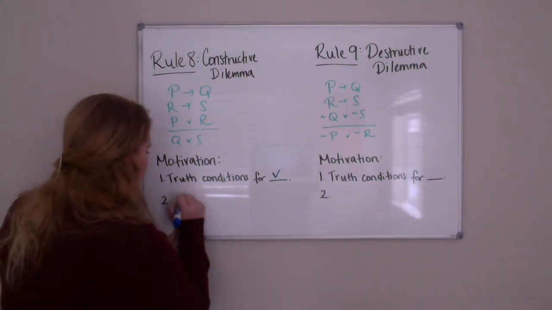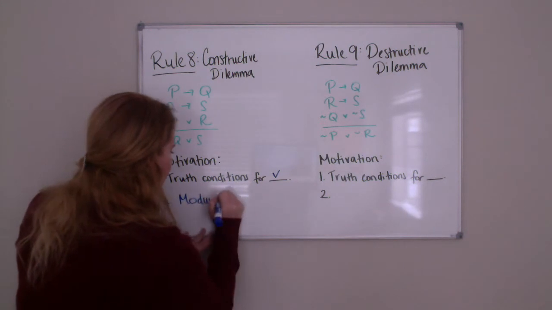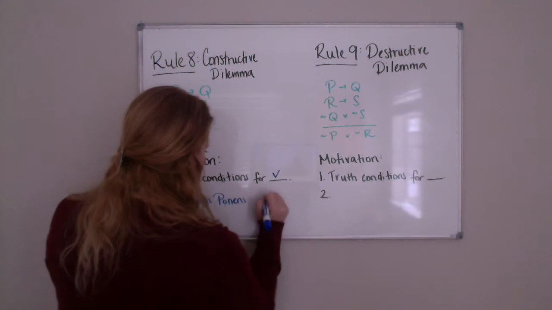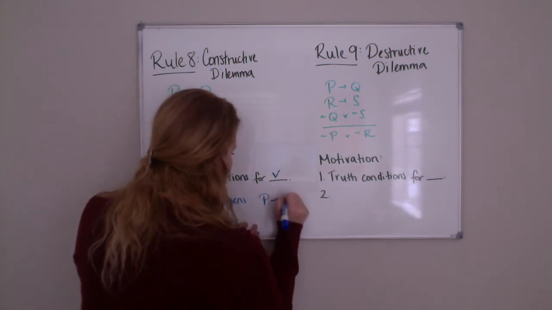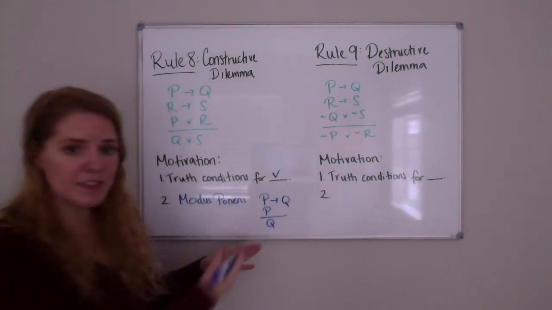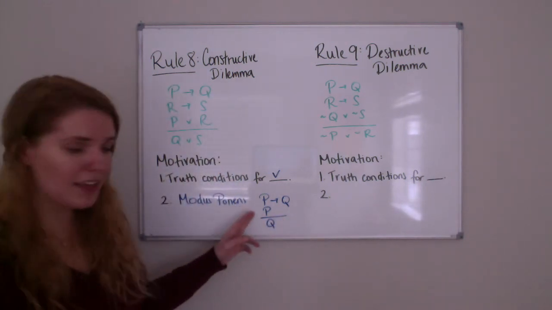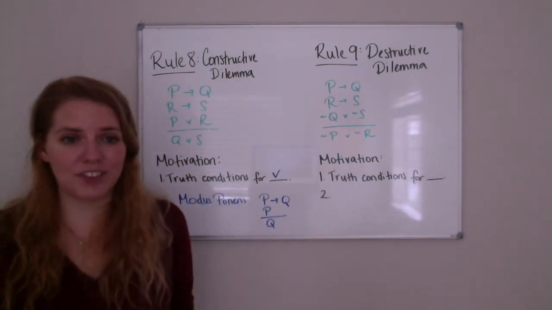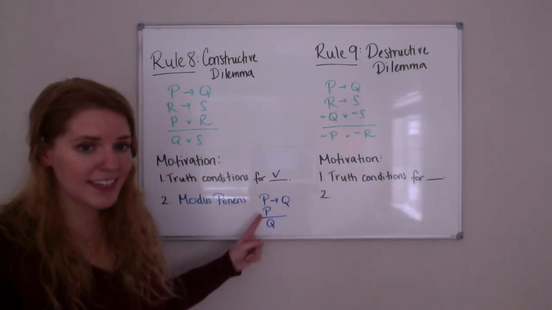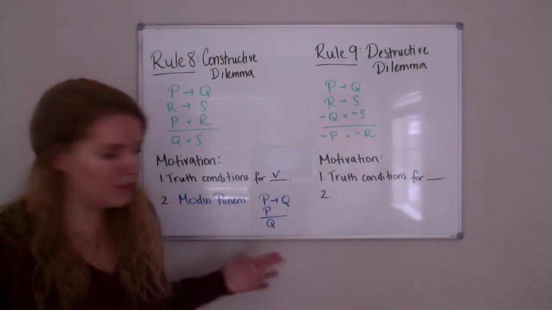Modus ponens, if you'll remember, is a valid pattern of reasoning that gives us the premises if P then Q and P. If we have these premises, we can automatically deduce Q.